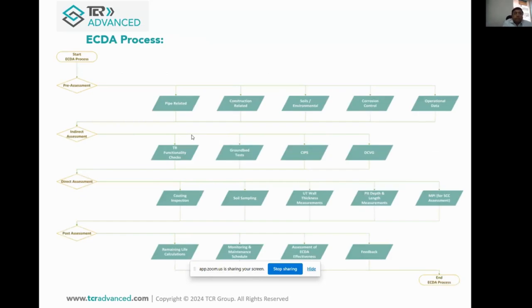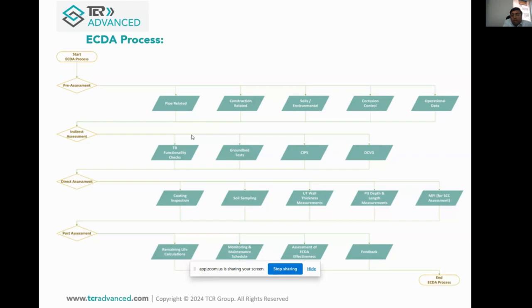This is the process. For example, when the ECDA process starts with pre-assessment, you will collect the data related to the pipe, construction, soil and environment, corrosion control, and operational data.